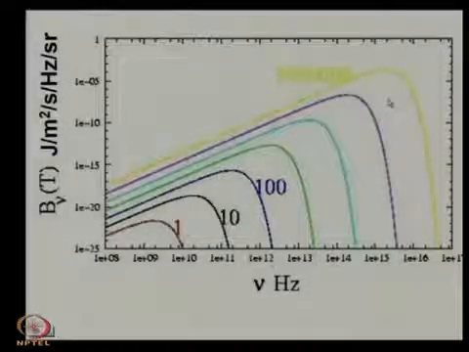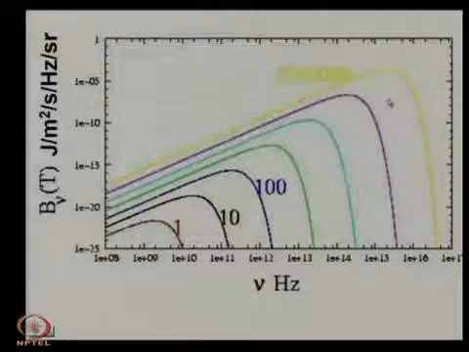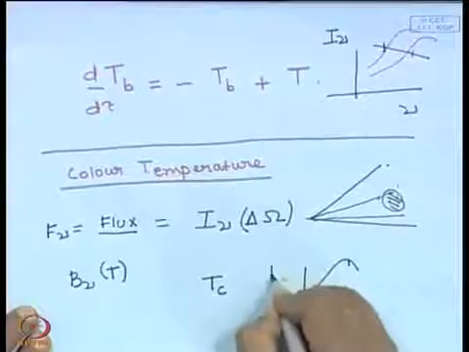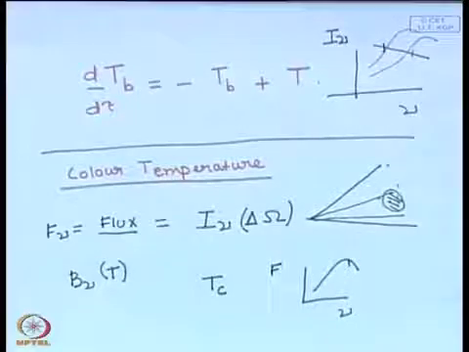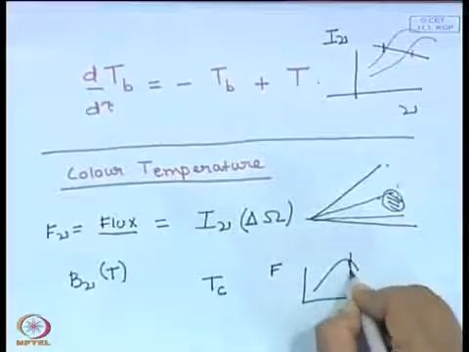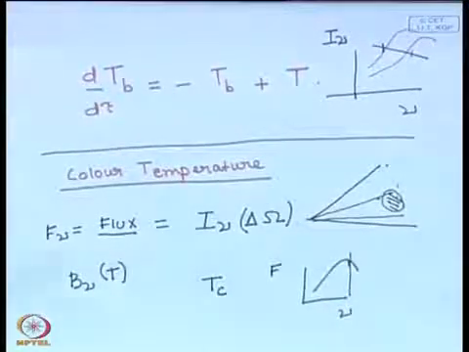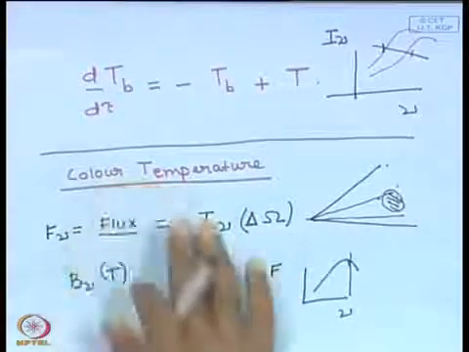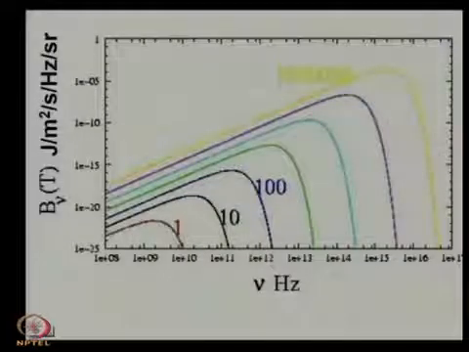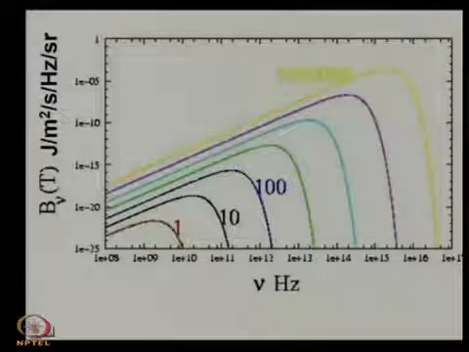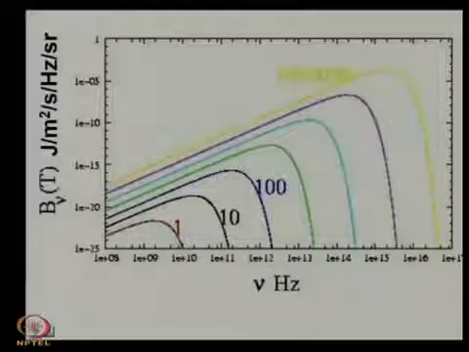So, if I can measure at what frequency the flux is maximum, I would then get an idea of the temperature and that would be one estimate of the color temperature. So, this is what the color temperature is all about. We have a third kind of definition, which is also used, and this is called the effective temperature.